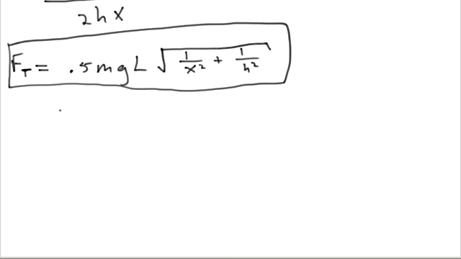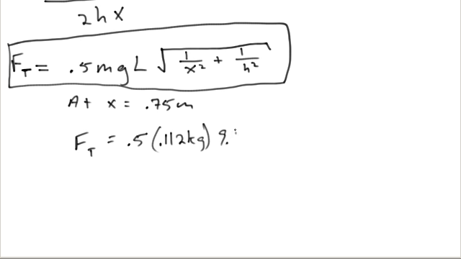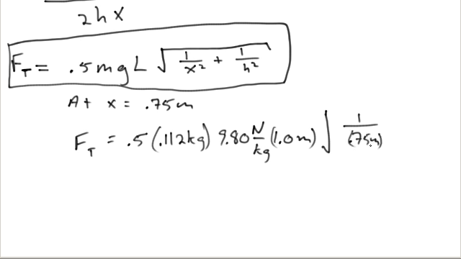So at x equal to 0.75 meters, FT is equal to 0.5 times 0.112 kilograms times 9.80 newtons per kilogram times 1.0 meters, and then times the square root of 1 over 0.75 meters squared plus 1 over 0.5, which is how high the tie-off point was above the meter stick, squared.